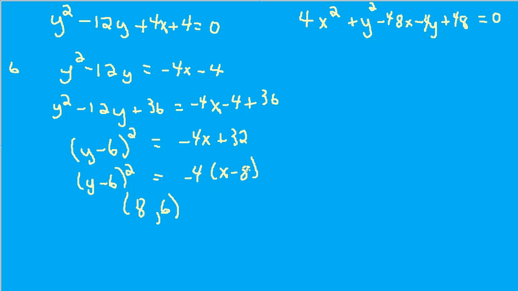Remember, it's h, comma k still. And your p-value, in this case, remember you set negative 4 equal to 4p. So your p-value is going to be negative 1. Since it's negative and it's going left to right, it's going to be going to the left. And this is going to be your vertex where it starts.